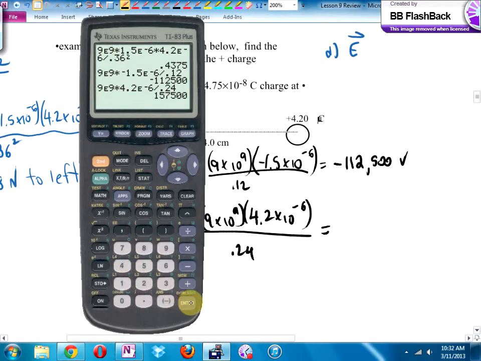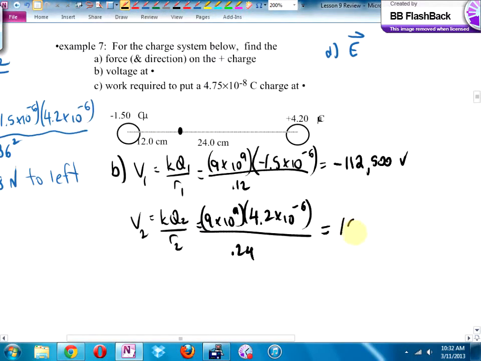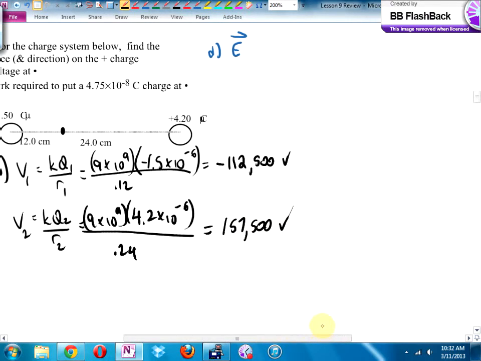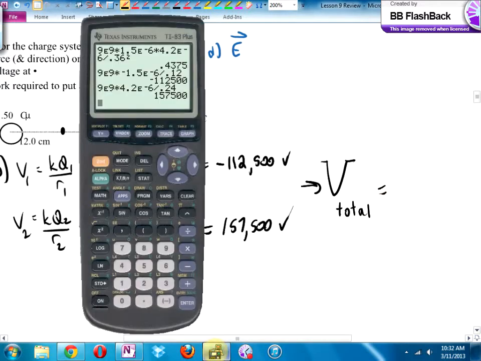I get 157,500. Yep. What's the total voltage? 157,500 plus negative 112,500. I get a total voltage of 45,000 volts right there.